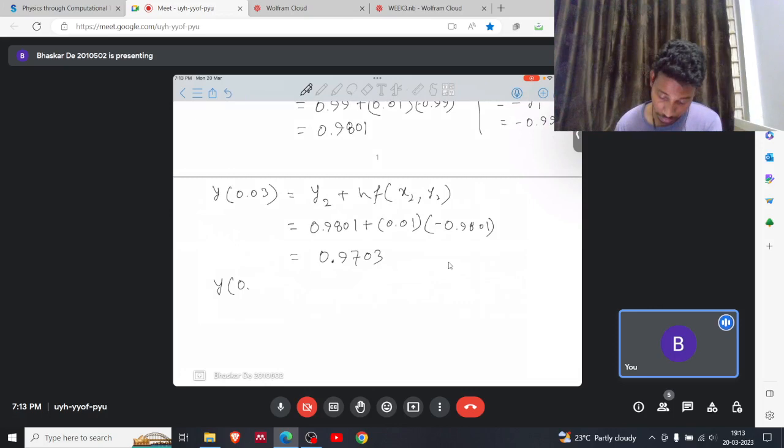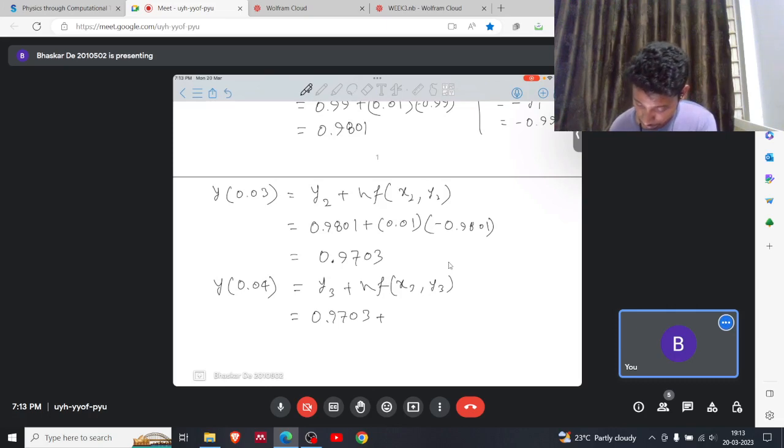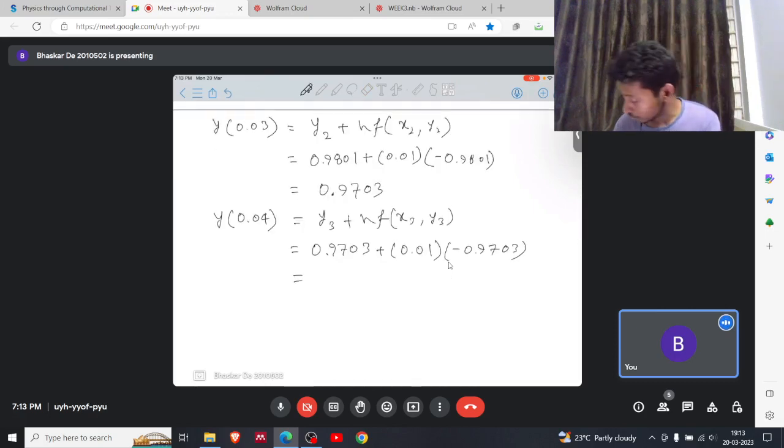Then for x equal to 0.04, y3 plus h f x3 y3 is 0.9703 plus 0.01 times minus 0.9703, which gives 0.9606.